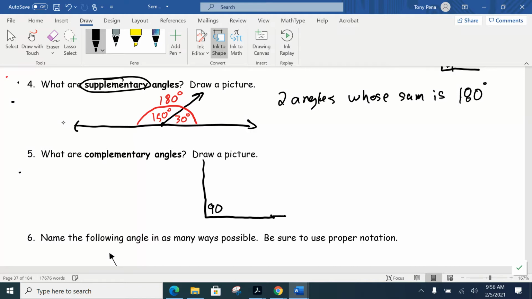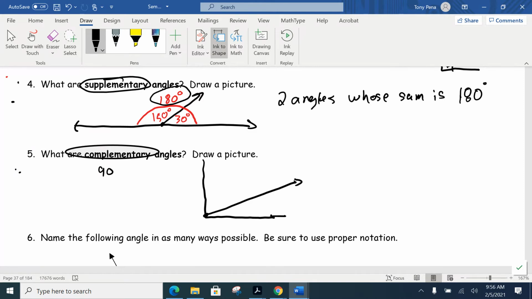Supplementary angles add up to be 180. Complementary angles add up to be 90. So what I'm going to have you do is in that 90-degree angle, have a little point and just extend a line out from that point.